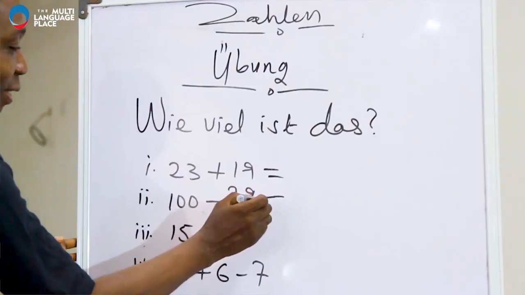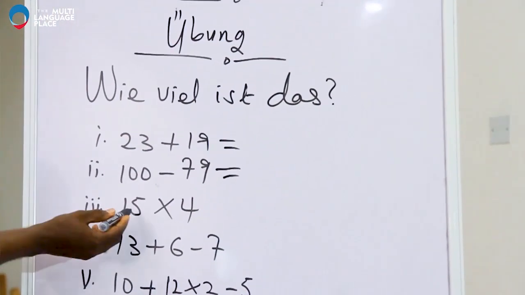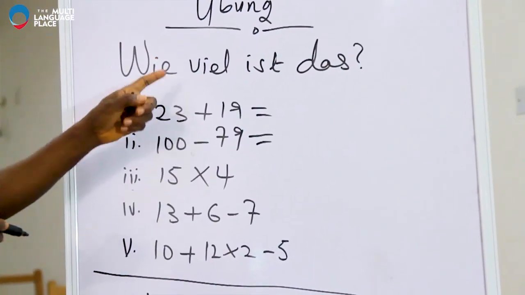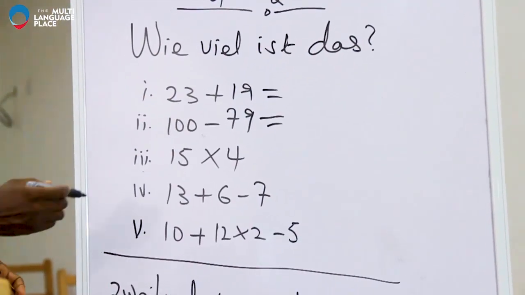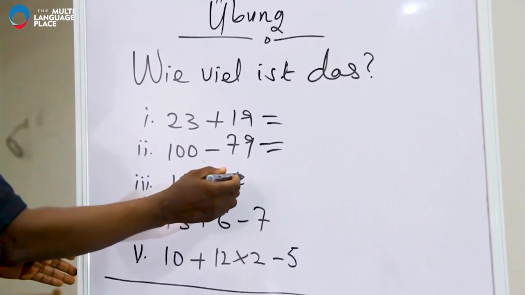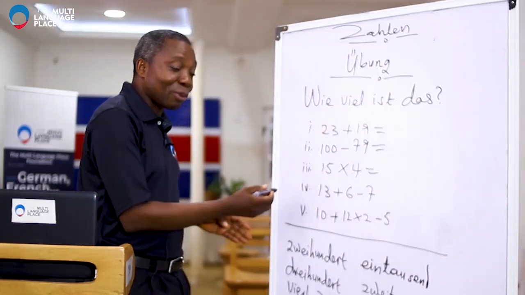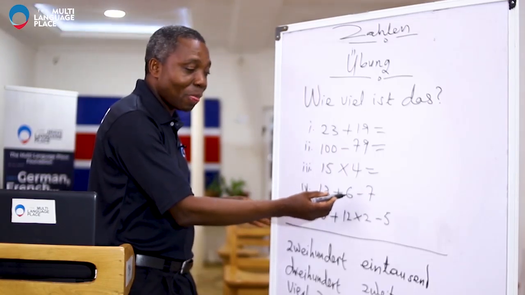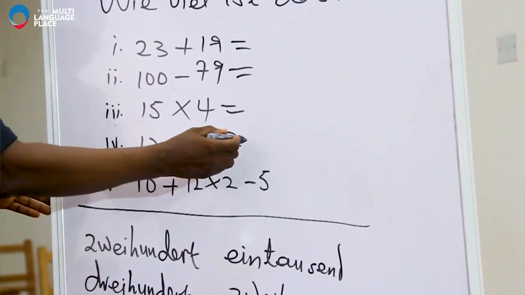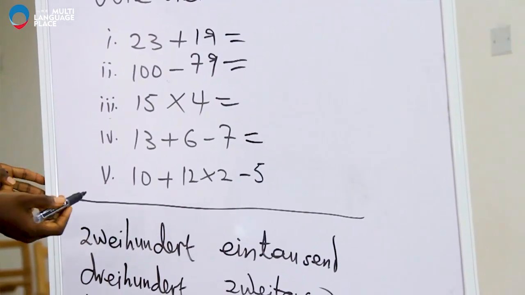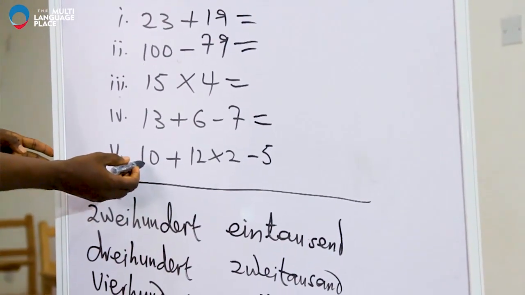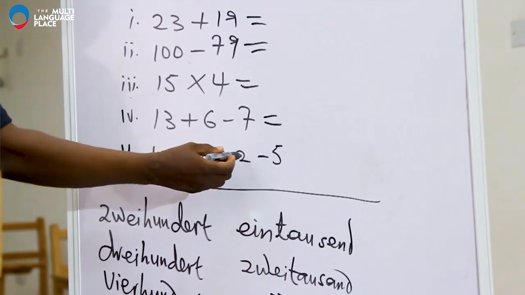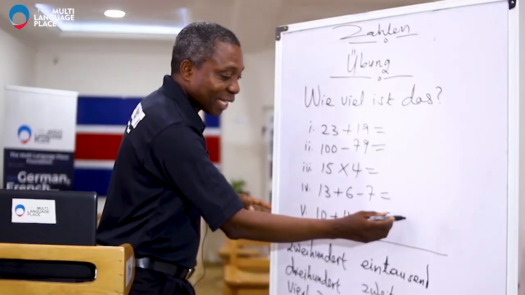79 ist, and then we come to the third one, 15 mal 4. I hope you master the way we pronounce these symbols. 15 mal 4 ist, and then number 4, 13 plus 6 minus 7 ist, and then the last one, number 5, 10 plus 12 mal 2 minus 5 ist.